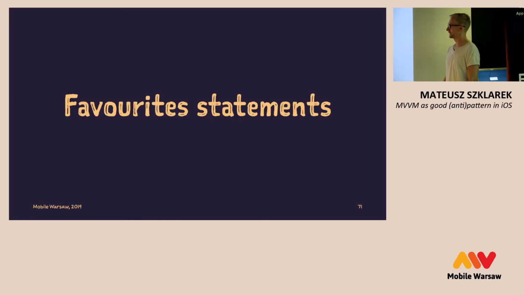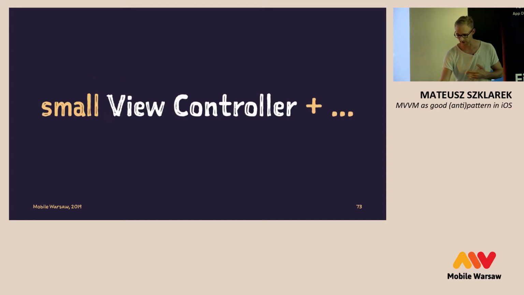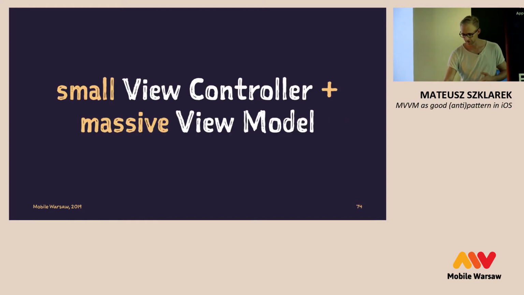My favorite statement, which I heard from people who still want to use MVVM: One of the goals of MVVM on iOS is to clean up the mess of responsibilities that are usually included in view controllers. But we finally end up with a Massive ViewController. So, okay, we have a small view controller with a massive view model.